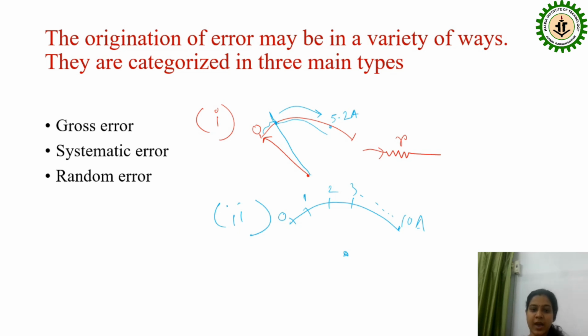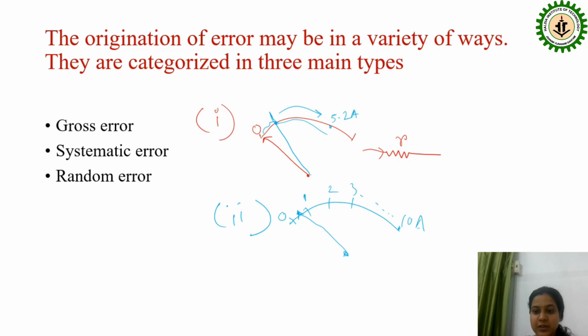So here, as the resolution is not that good for this ammeter, we are not able to take the exact value of this unknown quantity. It may be 0.8, or maybe 0.85, maybe 0.87.